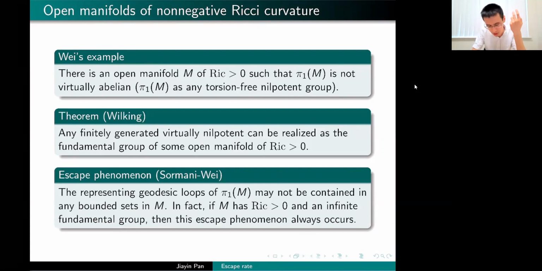These representing geodesic loops may not be contained in any bounded set of M. In fact, Sormani and Wei showed that if M has positive Ricci curvature and an infinite fundamental group, then this escape phenomenon always occurs. In other words, if you take the representing geodesic loops of all elements of your fundamental group, then these loops cannot be contained in any bounded set. They escape from these bounded sets.